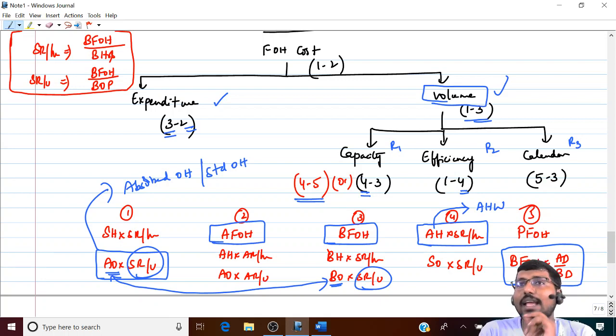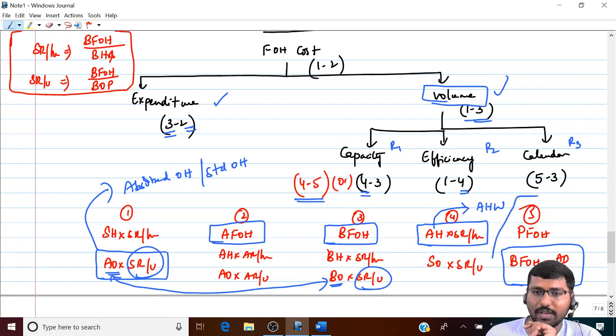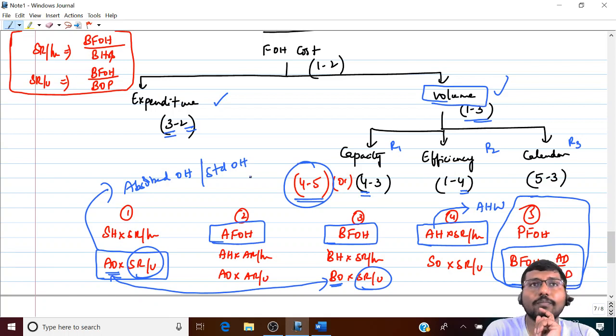So that's the change in calendar. You thought you would work 28 days, that was your budgeted days, whereas your actual days was only 25. Now, because of this, will your capacity get affected? Yes, your capacity gets reduced. That is why whenever there is calendar, which is formula 5, your formula for capacity variance will be 4 minus 5. Are you able to get me?